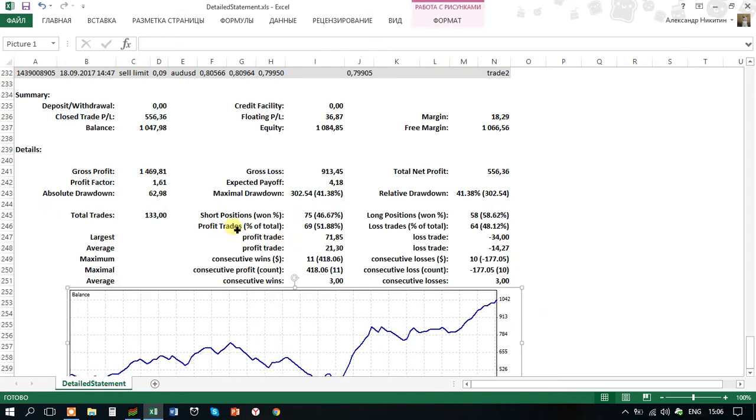Okay, look at this. Percent of profit trade 51, but my backtesting says that the percentage of my profit trades is 58 to 60. So if I were a younger trader, if I didn't know what is the problem, I would say I might be doing something wrong. That's why I have the percentage so low.